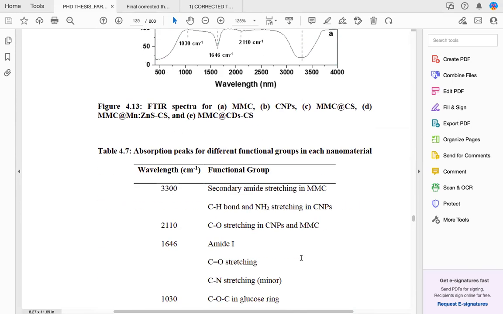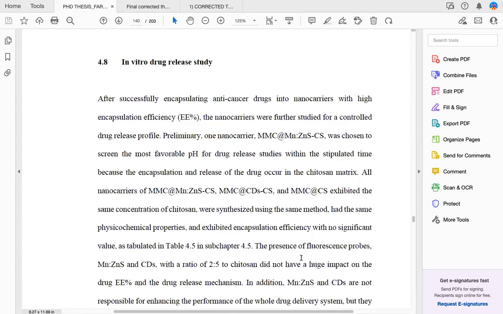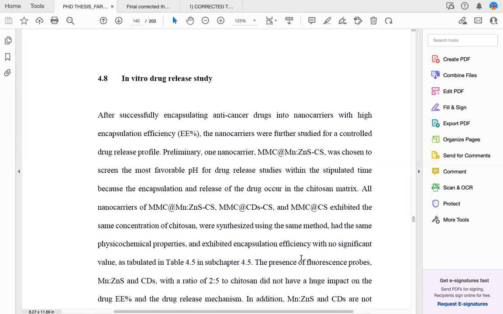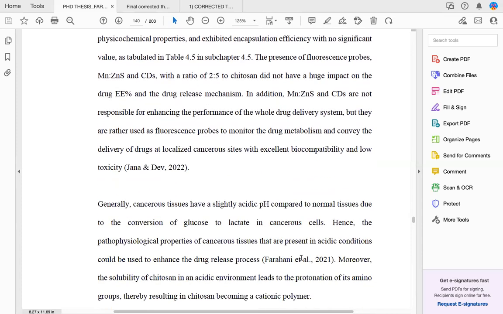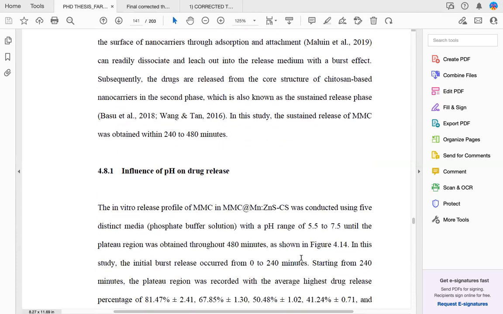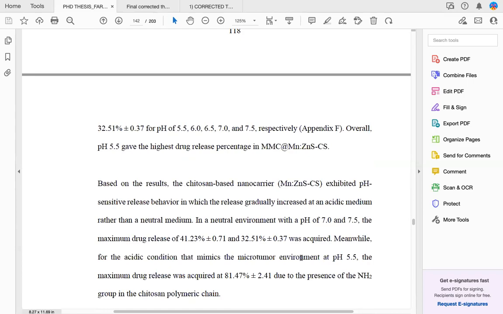Okay, you can have the table form as well. Okay, this is on the drug release study, so I'm just showing how the discussion is being done. An example, just an example. If you talk about pH, you have to talk about the chemistry.